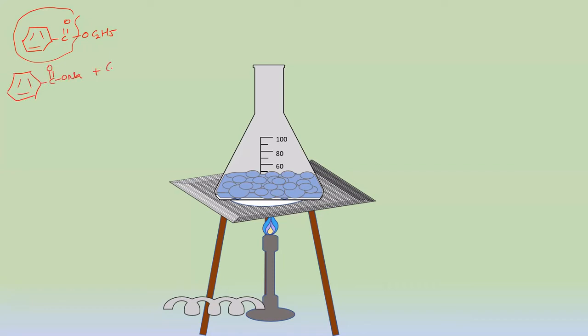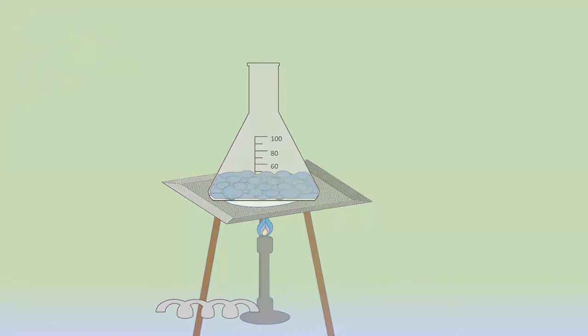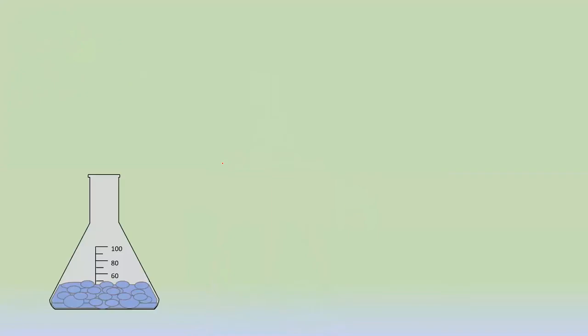And the byproduct is ethanol. But ethanol is water soluble, so that will get dissolved over here. And even this salt will also get dissolved in the water. That's why we are getting a clear solution here. Okay, now let us proceed to the next step. After heating for 15 to 20 minutes, allow this solution to cool to room temperature.